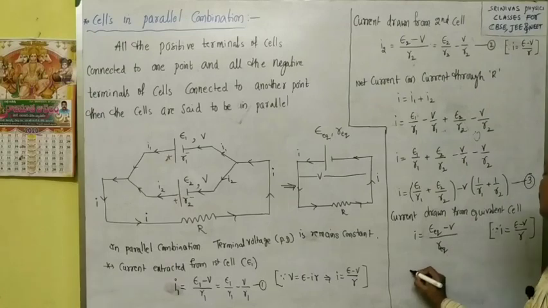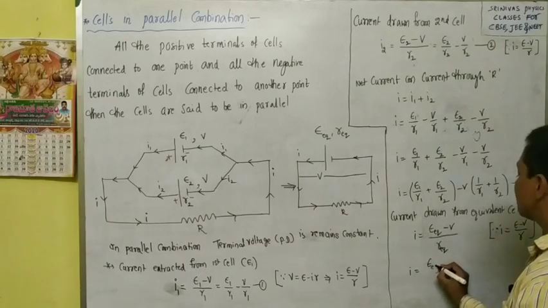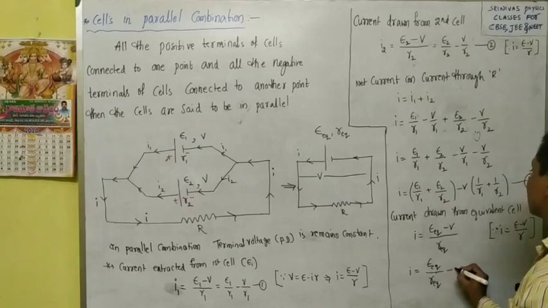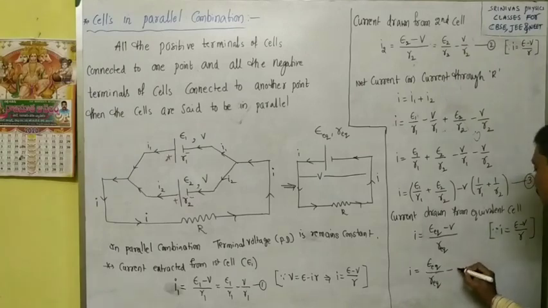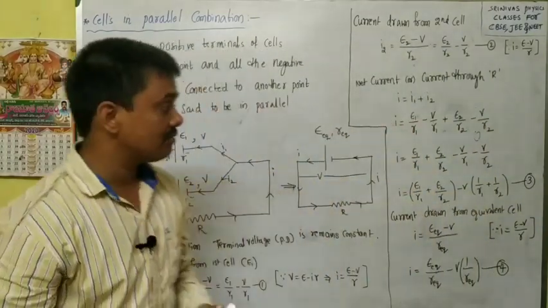So I is equal to E equivalent by R equivalent minus V by R equivalent, which we can also write as V into 1 by R equivalent. This is equation 4. Now the derivation is almost complete.